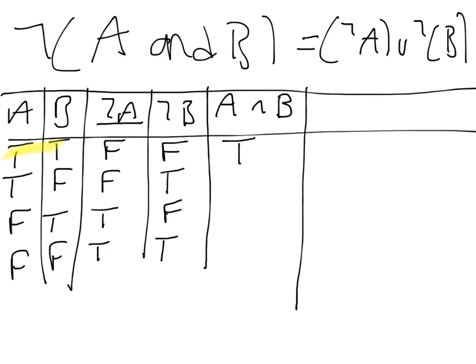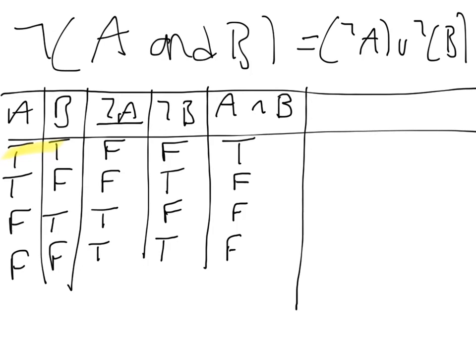Next we're going to look at A and B again, at the second one. A is true, B is false, that's false. It's A and B, so they have to be both. Same goes for the next one. When A is false and B is true, that's false. And when A is false and B is false, that's false. Two false statements make a false statement when you're doing A and B.